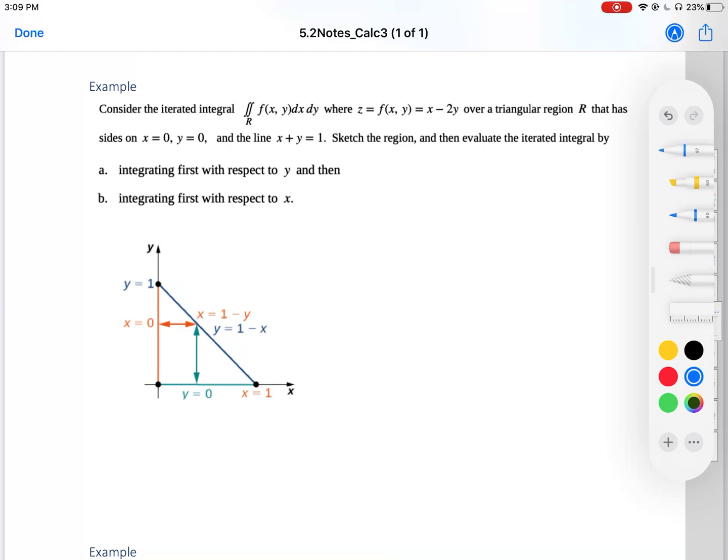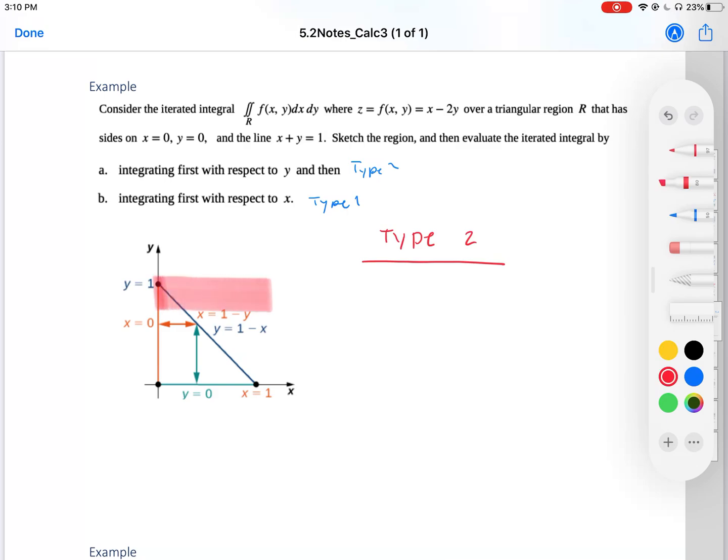Okay, so we want type 2 and then type 1. So let's go ahead and start off with type 2. So type 2, we want to read it from left to right.